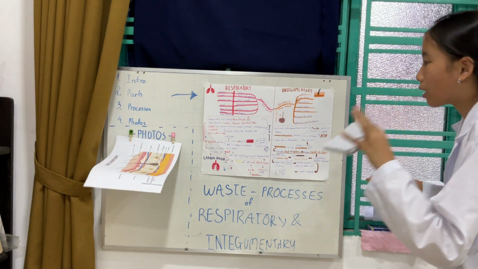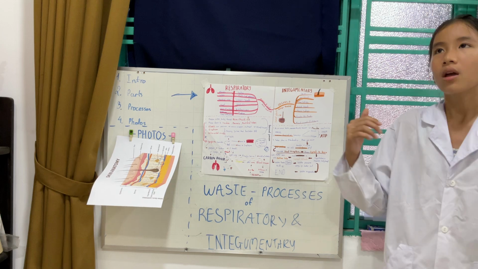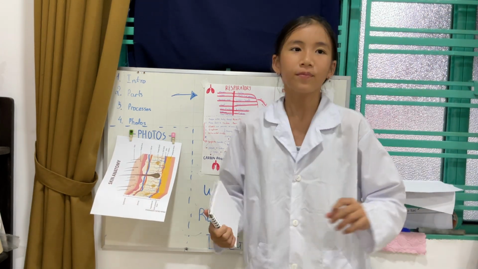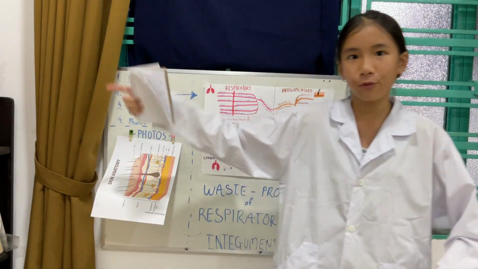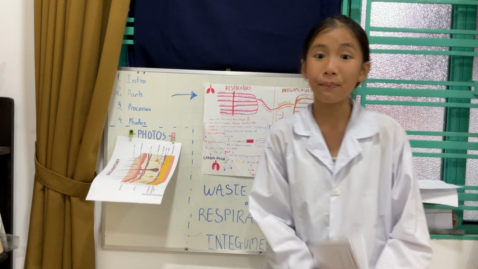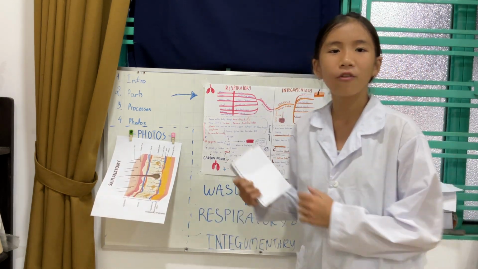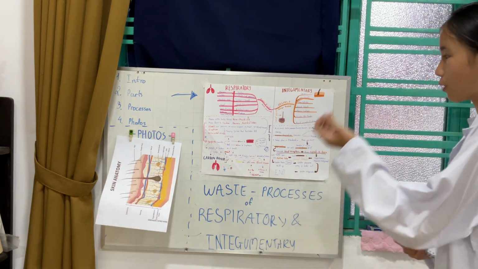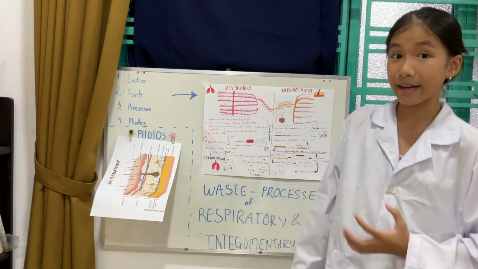How about its processes? Well, as we move faster, for example, when we are in a running competition, a marathon, we have a boost of energy, and we go toward our opponent and pass the finish line. But when we are running as fast as we can, our muscles need more energy.